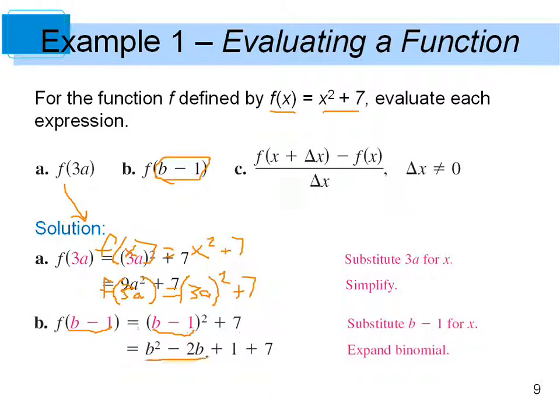This part comes from multiplying b minus 1 times itself. You can FOIL it. You can use the boxes. Put a b minus 1 on the top and on the side. And you all should be good at this by now. B minus 1 times b minus 1 gives us b squared minus 2b plus 1, plus 7.